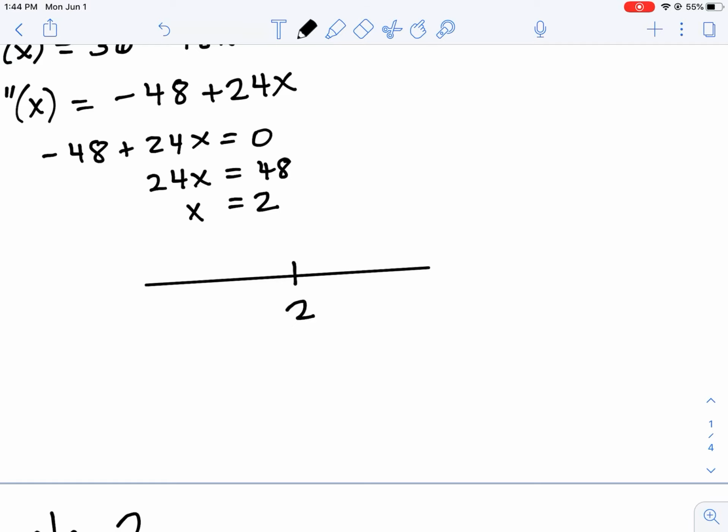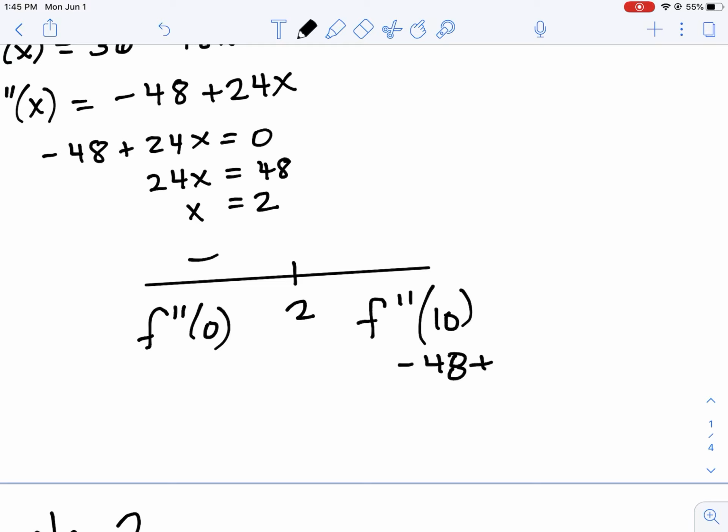I pick a value to the left. Let's just pick 0. So f double prime of 0 is negative, because it would be negative 48. And then f double prime of, I don't know, it doesn't really matter. Anything is going to be positive. I'm going to pick 10 because I can do that in my head. Negative 48 plus 240, obviously that's a positive number, right?